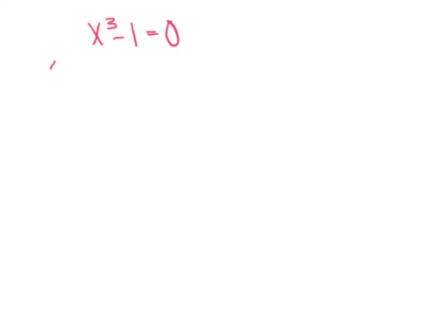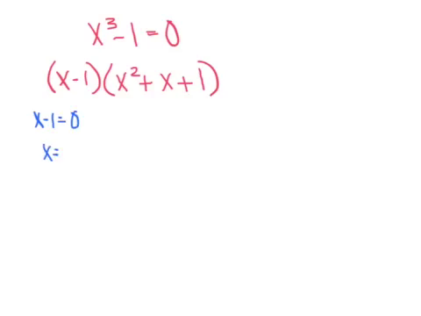So, same sign, opposite sign, always positive sign. When we solve this, one side's going to be really easy. X minus 1 equals 0. So we know that x is 1. But then we've got x squared plus x plus 1 equals 0.